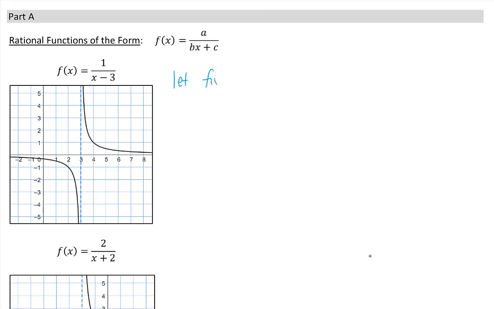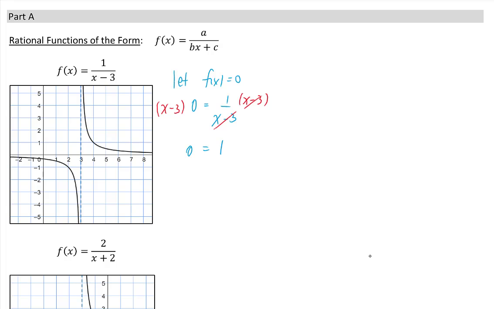So we let f of x equal 0, and we see that 0 equals 1 over x minus 3. Multiplying both sides by x minus 3 gives us that 0 is equal to 1, which we know is not true, so therefore this function does not have any zeros or does not touch the x-axis.